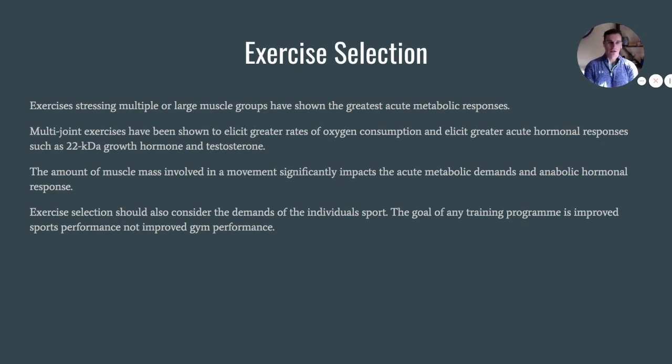Okay, and that's the key thing you need to remember. It doesn't matter if you've got an athlete who can, say you're talking football, let's say you've got a striker who can back squat 250 kilos, okay, but if that doesn't help them in scoring goals, whether that's with their running speed or with the power of them striking the ball, then the training program doesn't really play into the overall performance benefit that they want to be getting, okay, and using their time effectively.